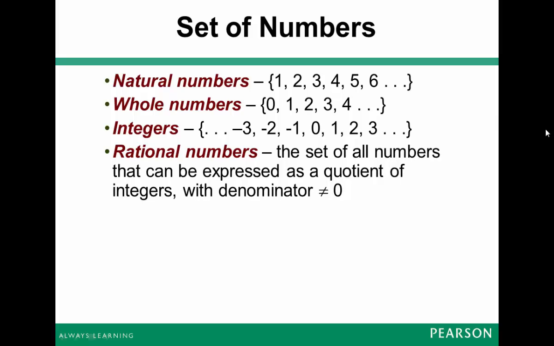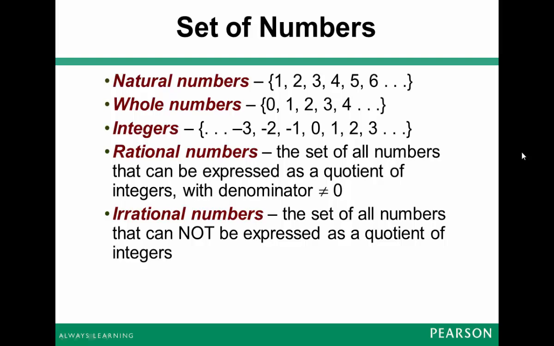Now, the rational numbers are the set of all numbers that can be expressed as a quotient of integers with a denominator not equal to 0. So, if we can take one of these integers and place it over a non-zero denominator, we make a fraction out of it, and that's what our rational numbers are.